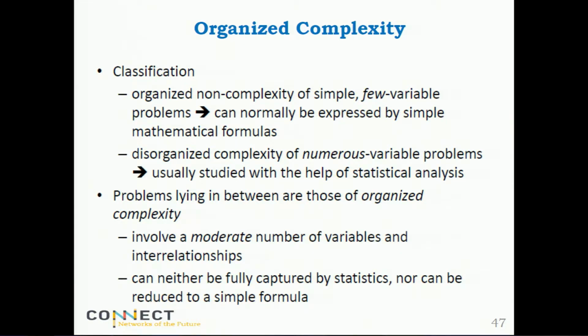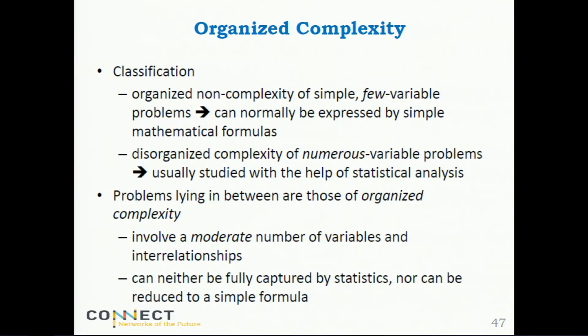On the other end of the scale, you have disorganized complexity, which is essentially something that is normally studied with the help of statistics. An example is statistical mechanics. They study properties of, for example, gases, like temperature, pressure, and so on, based on statistical tools.